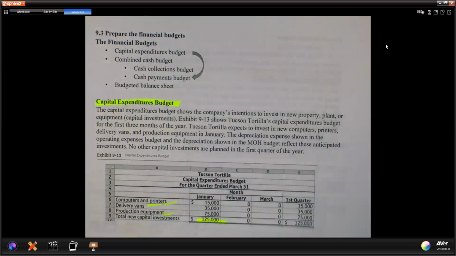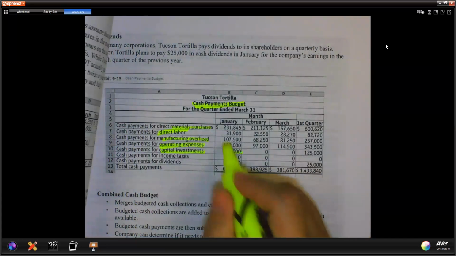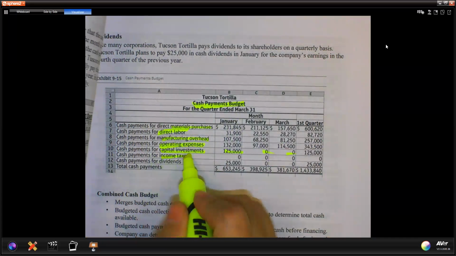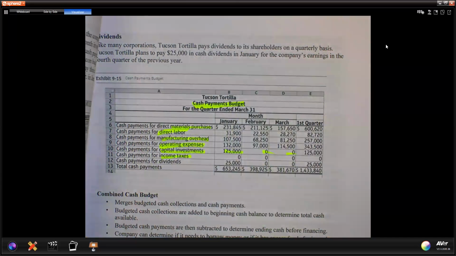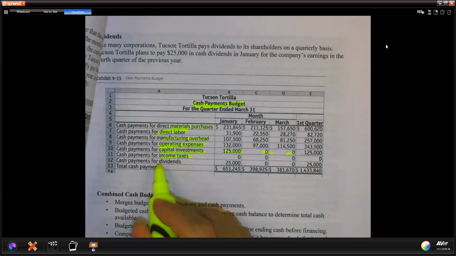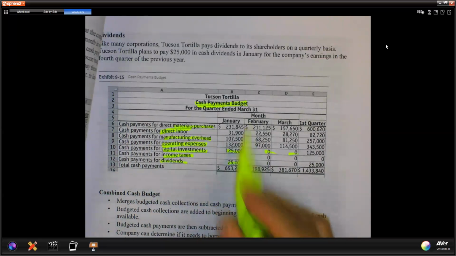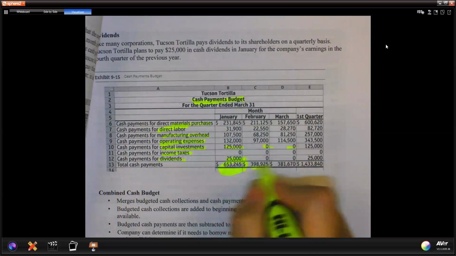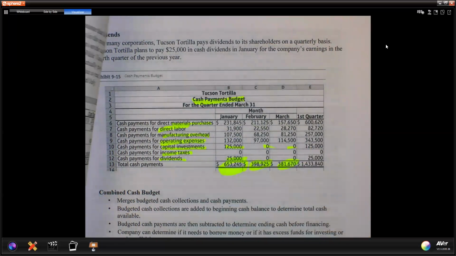February, March is 0. You have your cash payment for income tax. You don't have it until April, so the first month is 0. You have a dividend, you will pay 25,000 in January. So your total cash payment is January, February, March, like that.